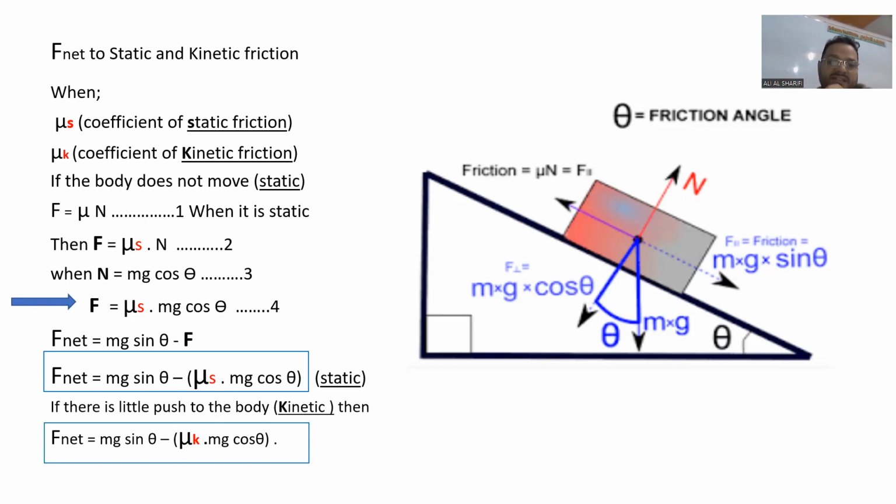F net means the resultant of F, or the summation of these two previous kinds, static and kinetic friction.